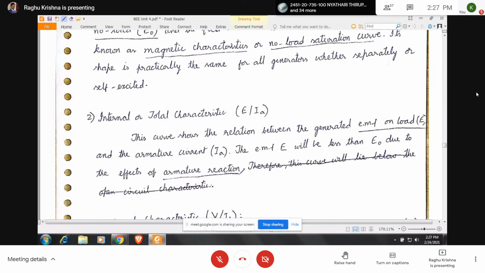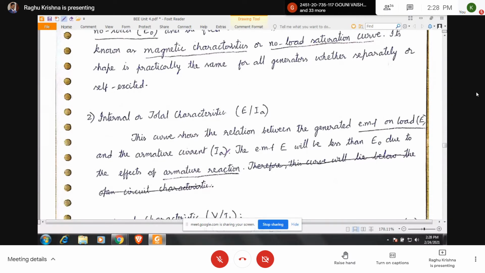What is meant by armature reaction? The armature conductors will be carrying current. When you apply the load, you are going to have armature current IA. Due to this IA, some flux is produced by the armature winding, and this flux will reduce the main flux.